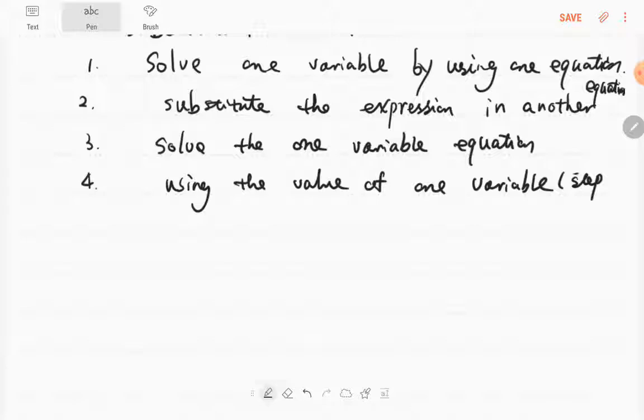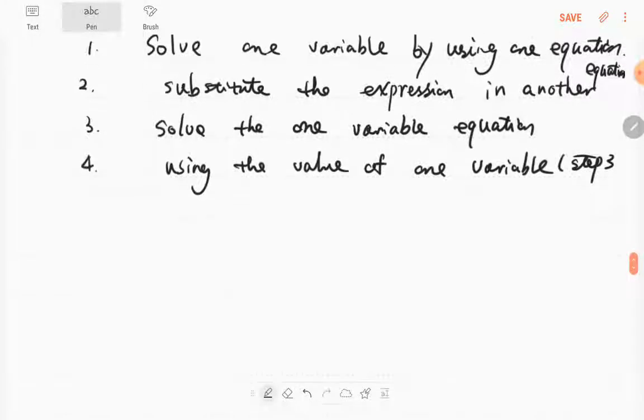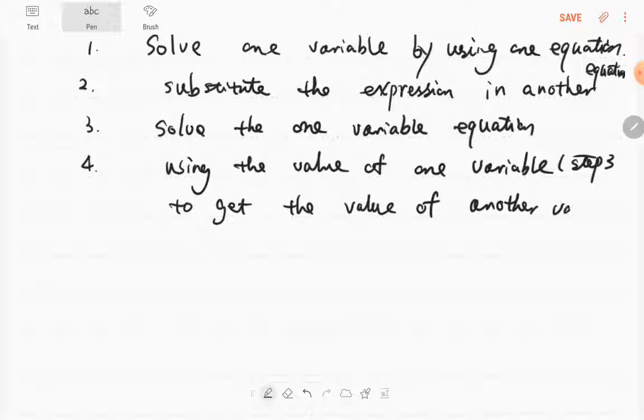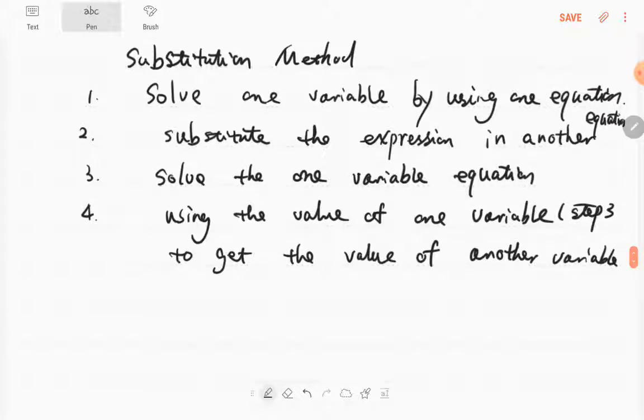From step 3, we use that answer to get the value of another variable. So if we already know the value of y, we go back to the original two variable equation to solve for x to get the value of x.